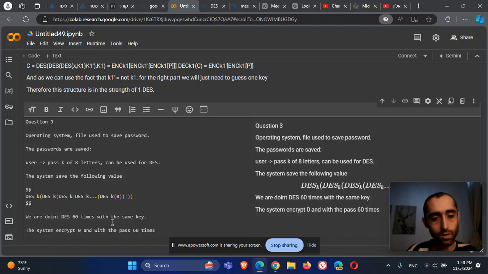And then it checks if the username and encrypted password are in the file.